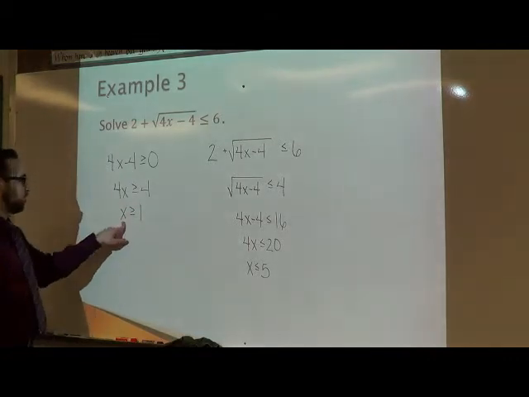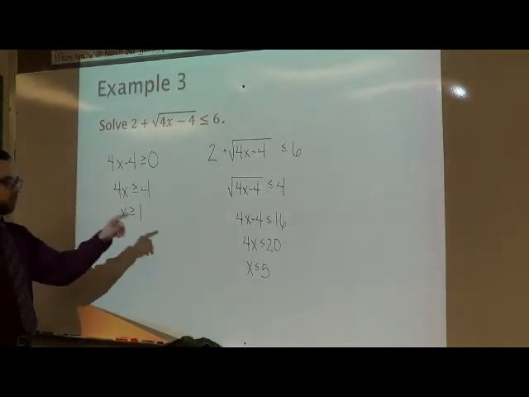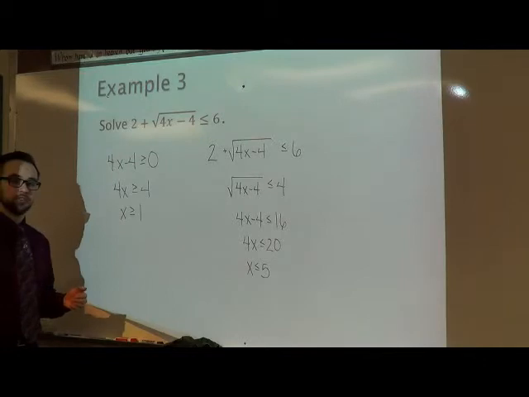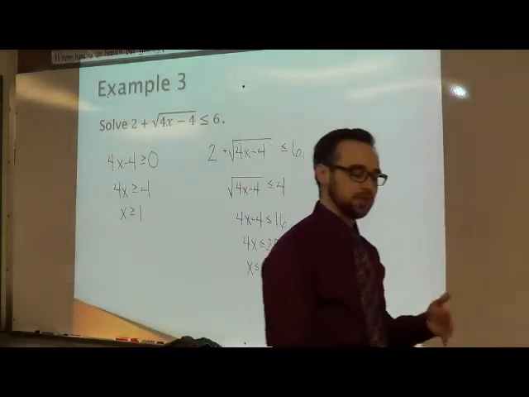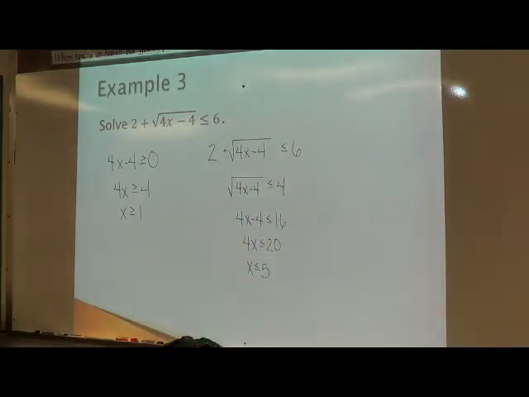So notice here I know x has to be greater than or equal to 1. Over there x has to be less than or equal to 5. So we're going to set up those intervals and test some of our solutions here.